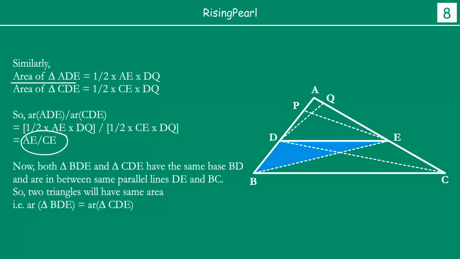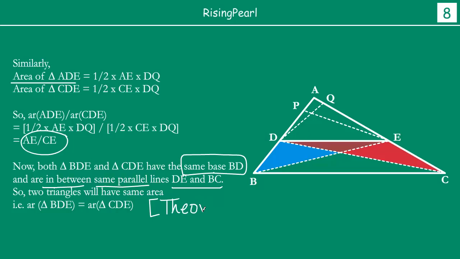Now this is what we were discussing at length. If you take a look at the triangle highlighted in blue, that is the triangle BDE, and the triangle highlighted in red, CDE, and this is the theorem that I was talking about, both triangles BDE and CDE have the same base. They have the same base and are between the same parallel lines DE and BC. So automatically from the theorem it follows that the two triangles have the same area.